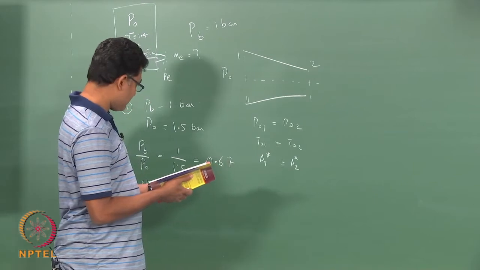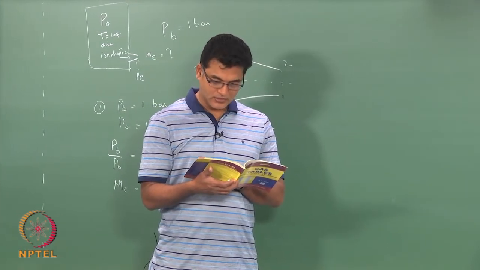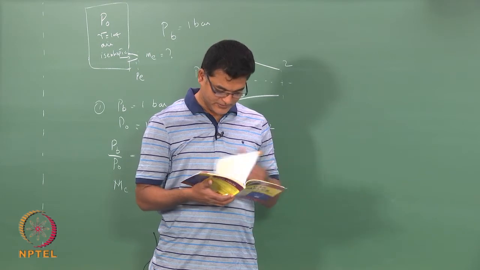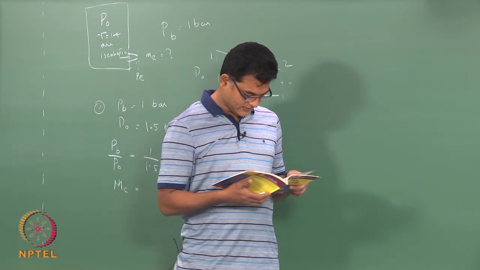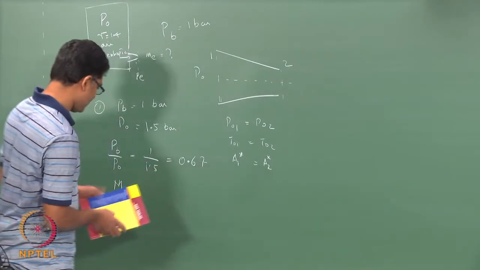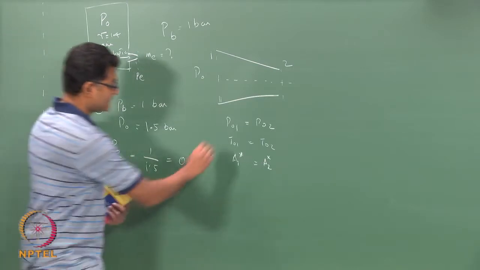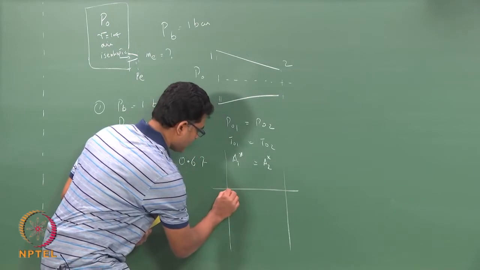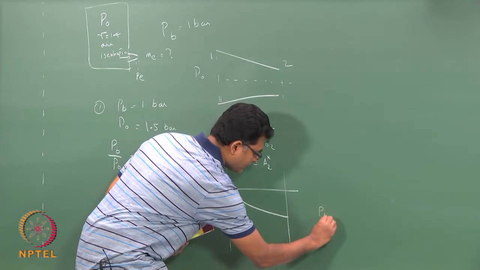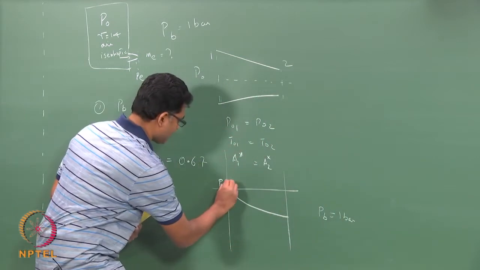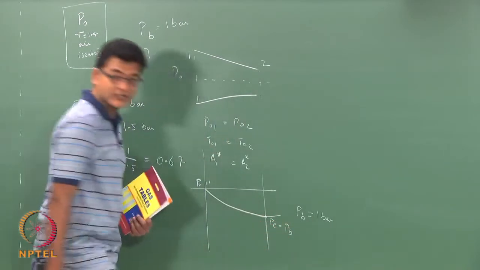So, my P by P0 is 0.67. I look at the isentropic tables for gamma equals 1.4 and I find that P by P0 of 0.67 gives a Mach number of about 0.77, which means if I plot my pressure, this is my P0, PB is 1 bar, and P exit is also going to be 1 bar.